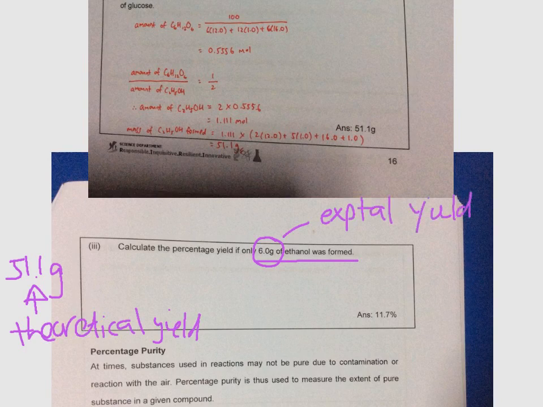So percentage yield will now be equals to 6.0 over 51.1, and because it's percentage, you multiply by 100%. You should be able to get 11.7%. So that is simple enough.